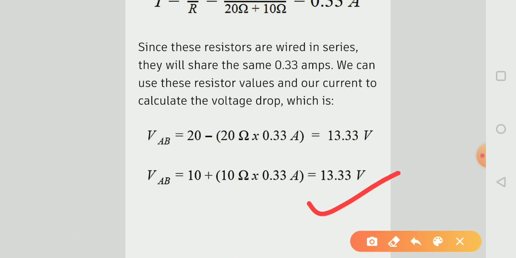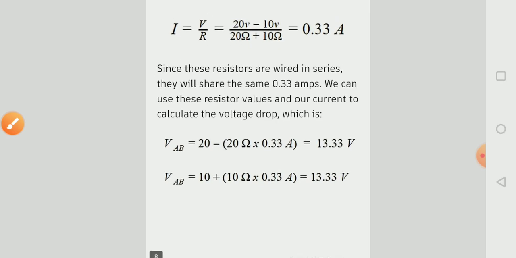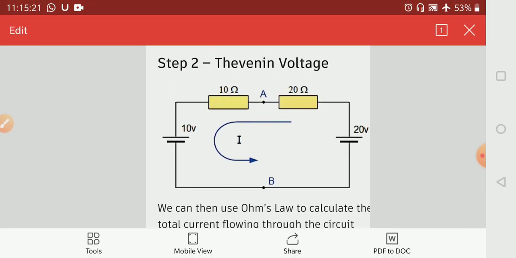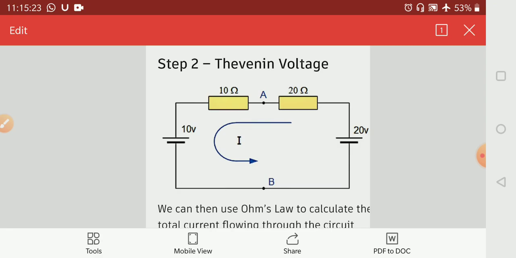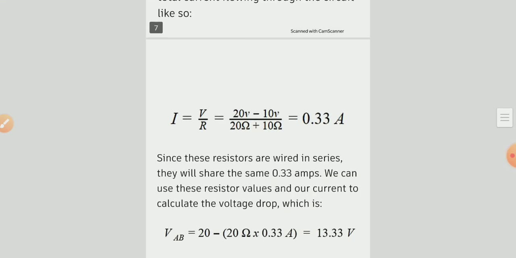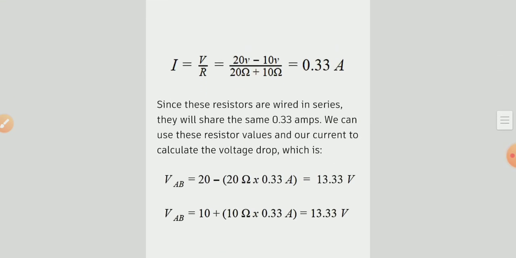So the second equation becomes 10 plus 10 ohm into 0.33 ampere equal to 13.33 volt. So these are the voltage at terminal VAB by the resistance from the 20 volt source and by the resistance from the 10 volt source.